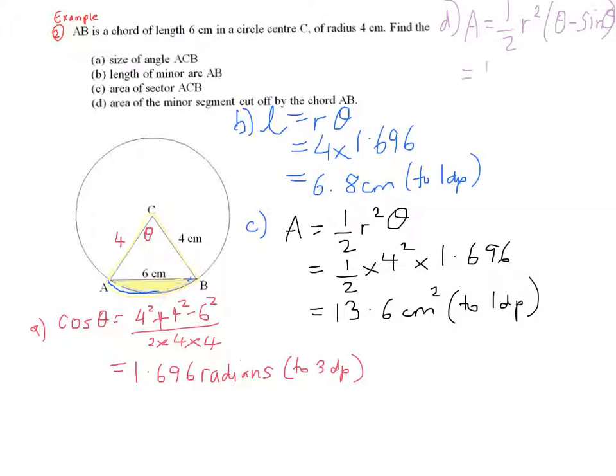So we've got half times the radius, which is 4 squared, times 1.696 minus sine of 1.696. And you should get 5.63 centimetres squared to 2 decimal places.